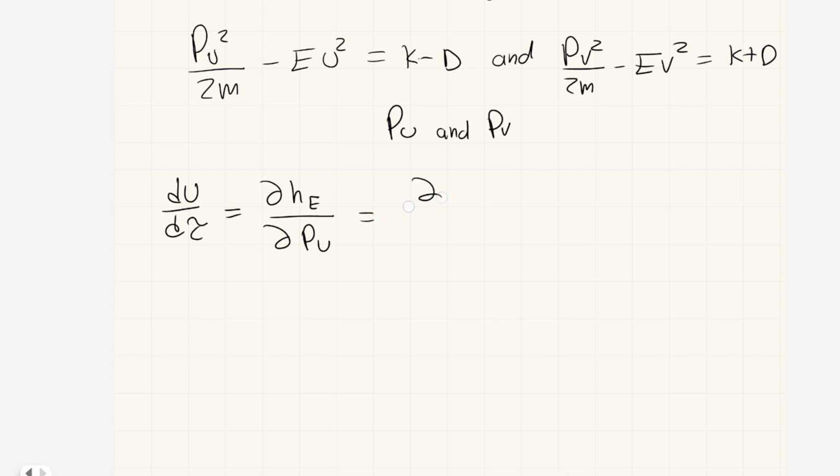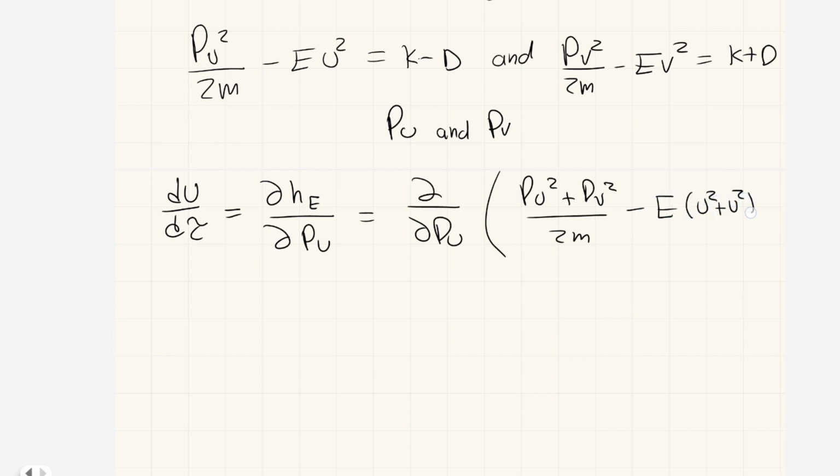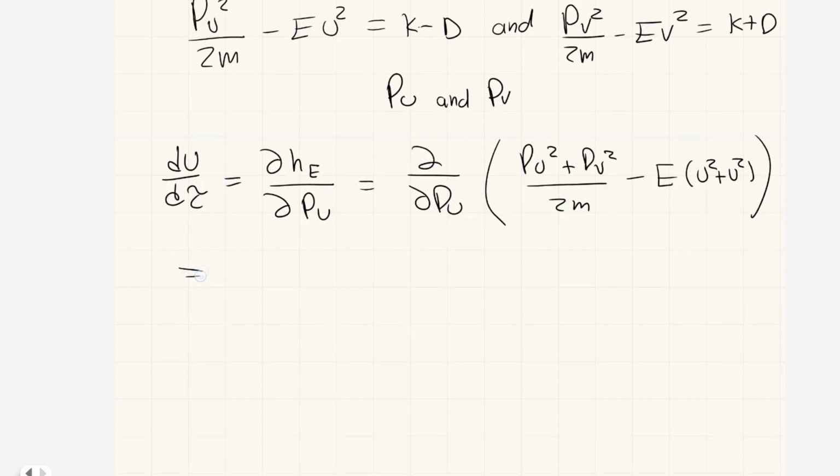But this will be the partial with respect to p_u of H_E, which is (p_u² + p_v²) divided by 2m minus e times (u² + b²). And if we take the derivative with respect to p_u, we will get just p_u divided by m, making that p_u is equal to m times the derivative of u with respect to tau.